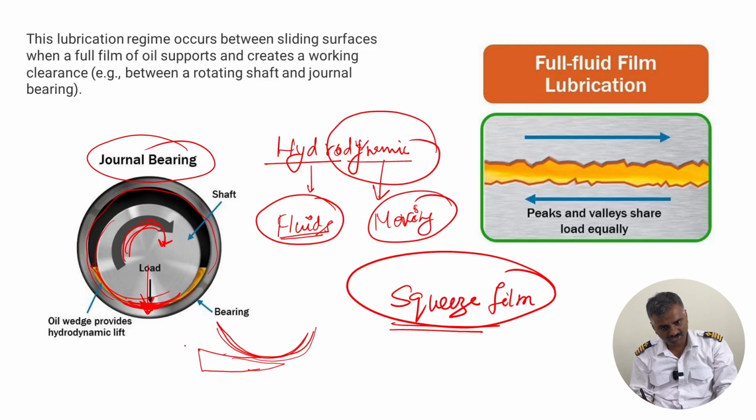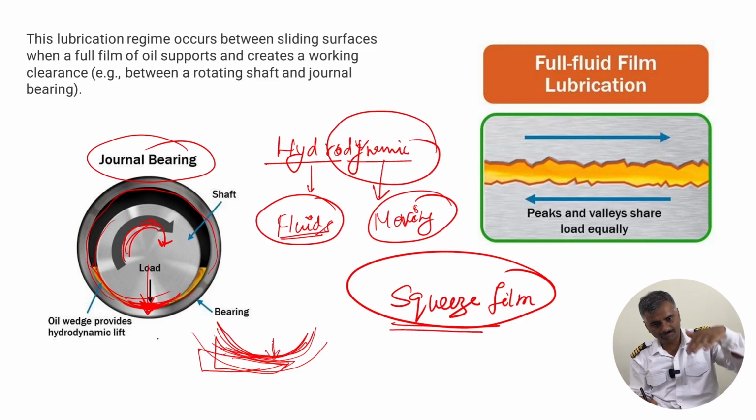Since both of the surfaces were touching each other, the difference in relative motion created an oil wedge. Oil squeezed inside, and this wedge-like surface is created, which is pushing the shaft to lift it up. So this is called the hydrodynamic lift.